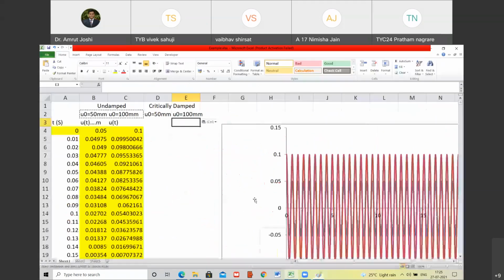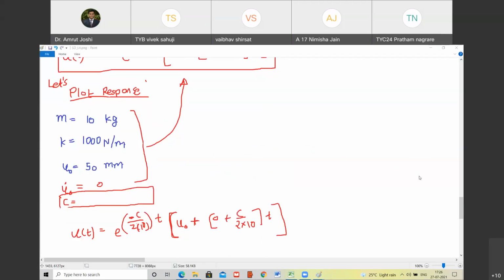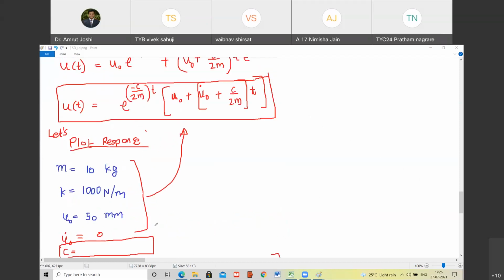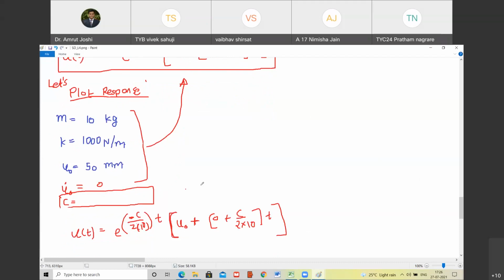U is equal to 50 mm. This is the solution that we are going to have, and the question is, what is the value of C?